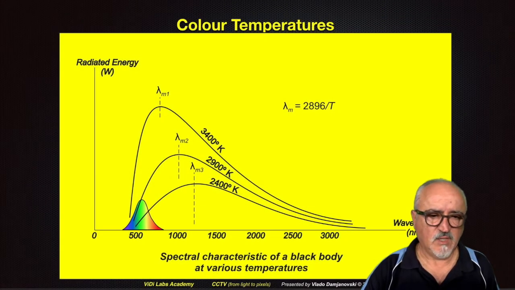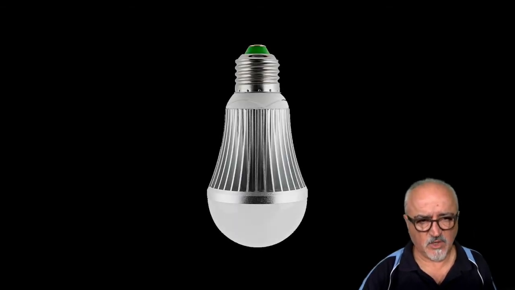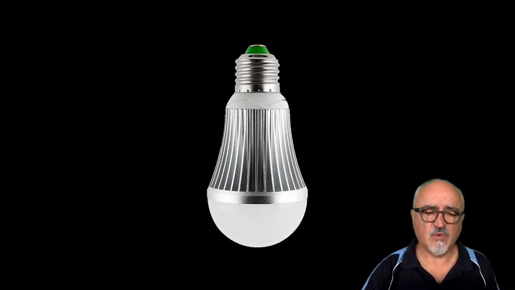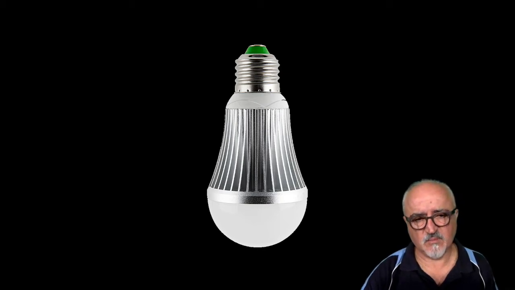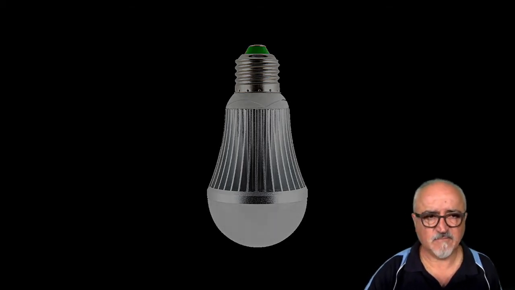But as we know, tungstens are used less and less, and more we have LEDs. But the terminology of color temperature originates from the time when we were talking about tungsten filaments, which were heated up to this temperature of 3000 degrees or maybe a little bit less.